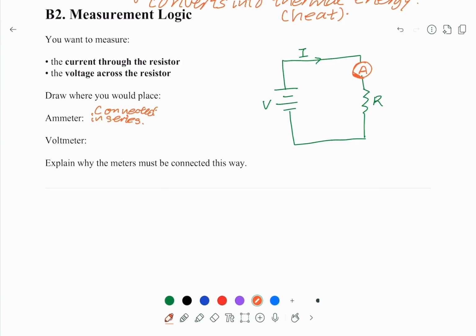When you have a voltmeter, you want to measure the potential difference between 2 points. So you connect your voltmeter in parallel to the resistor.